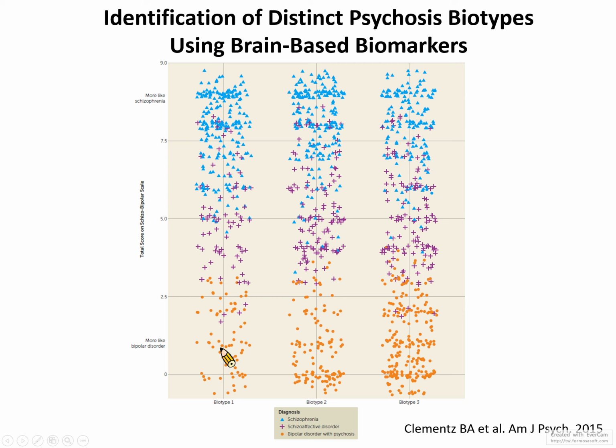On the other side of the psychotic spectrum is bipolar disorder, which has cyclic mood patterns, episodic mania or depression, and at the same time, they have psychosis during the mood episodes.